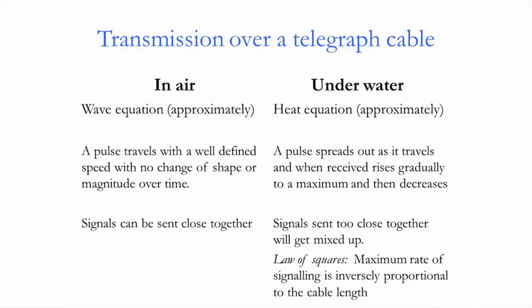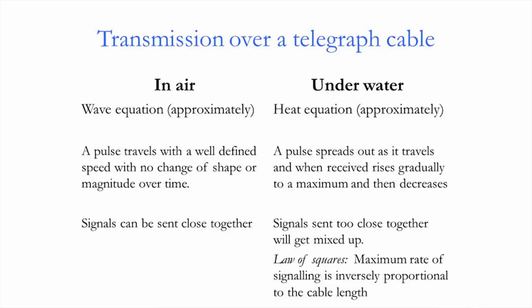In air, the transmission of the pulses is approximately described by the wave equation. An electrical pulse in a telegraph cable in air will travel with a well-defined speed with no change in shape or magnitude over time. There's a nice phrase I've seen describing it: it's like a bullet going down the wire. It stays with the same shape and travels with a defined speed.